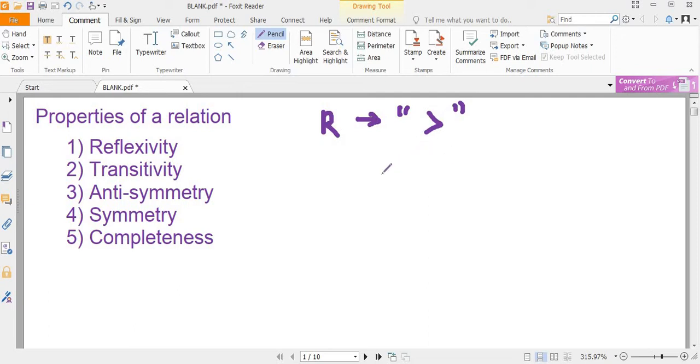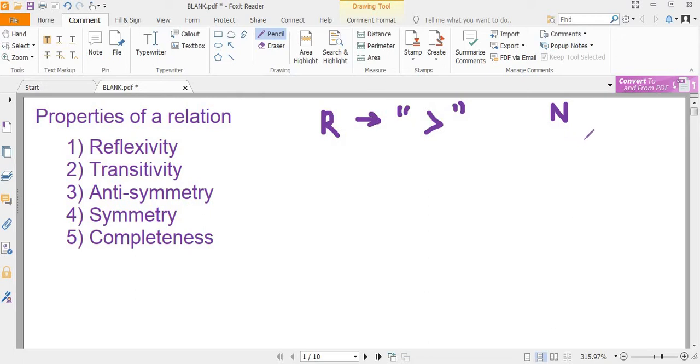Now what do we mean by R is the relationship is greater than? Suppose we take the set of natural numbers. Natural numbers was the first set of numbers to be discovered, because it's essentially the set of countable numbers. Natural numbers means the set of countable numbers: 1, 2, 3, 4.